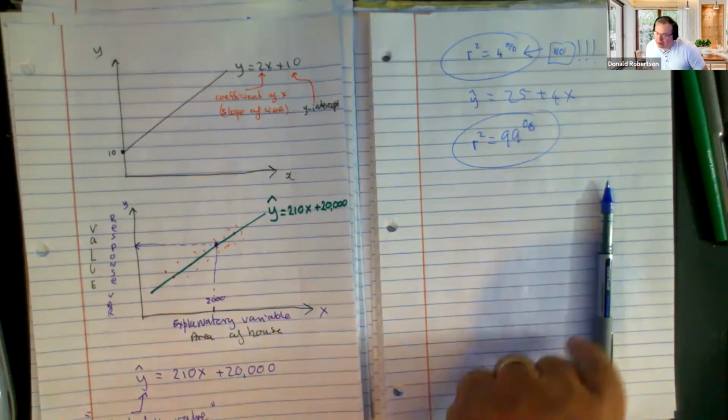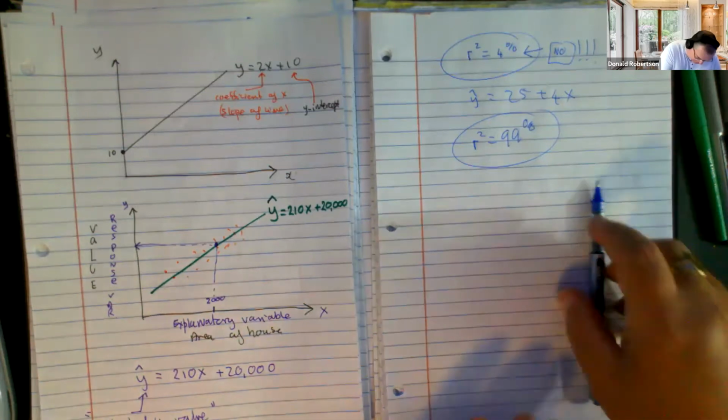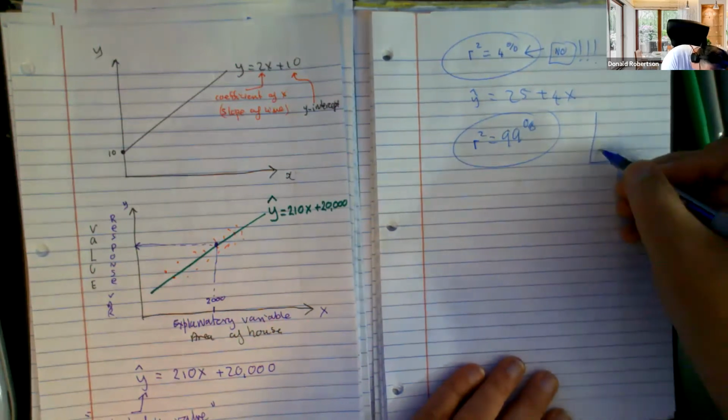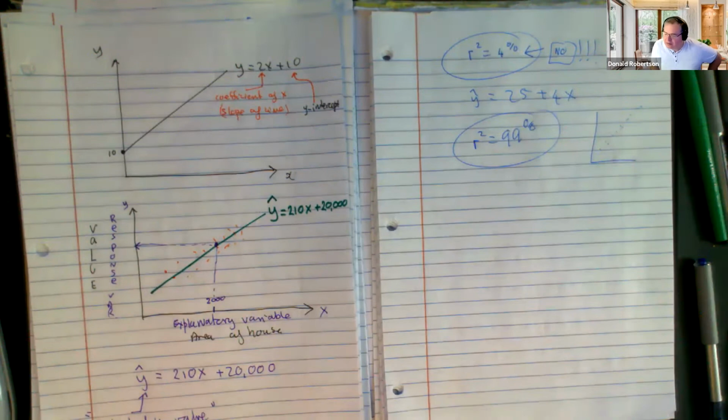X will give you a good prediction on Y, and you could probably take it to the bank. R squared values of 99% are really hard to get, because if you did that, wouldn't you have almost a perfect straight line? That's the only way you would get that kind of R value. I guess there could be some situations where the science is so well understood that that could happen.